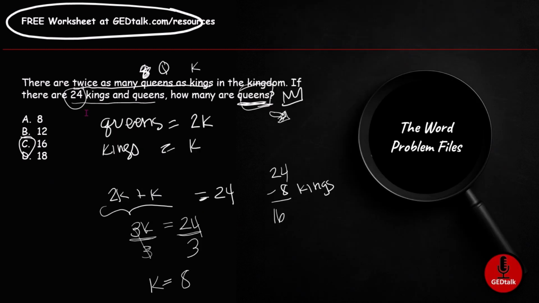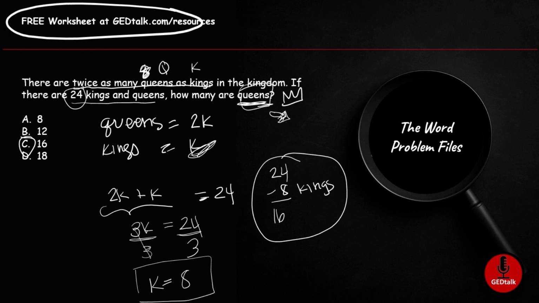The only difference the first time around is that everything was in relation to the kings. So we ended up finding the number of kings first, and we had to add another step to subtract the number of kings in order to find out how many queens we had.